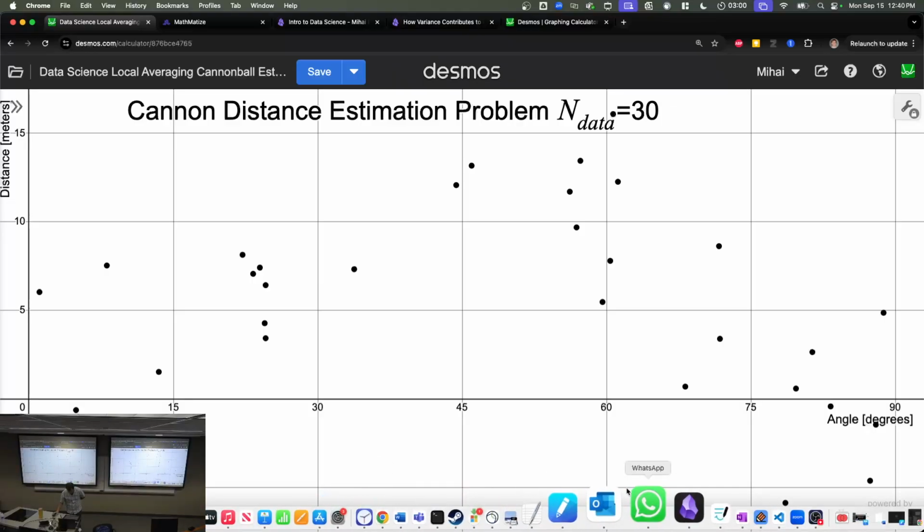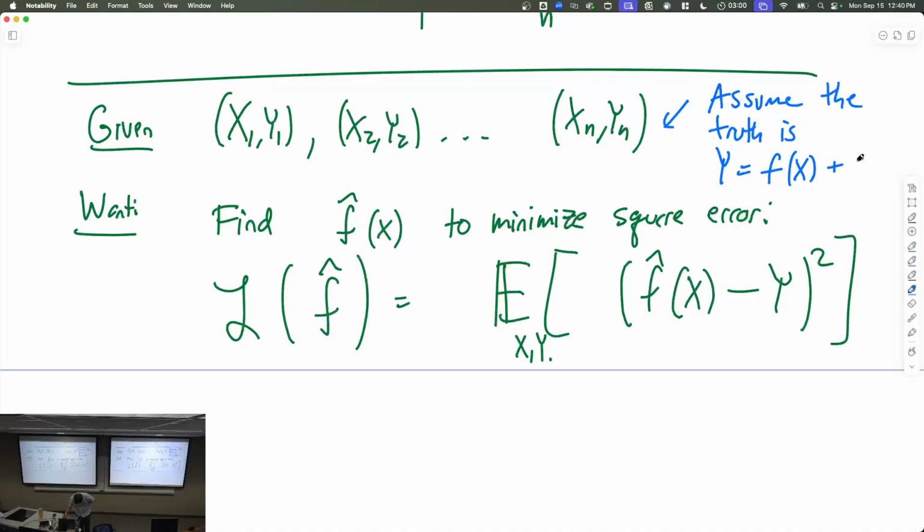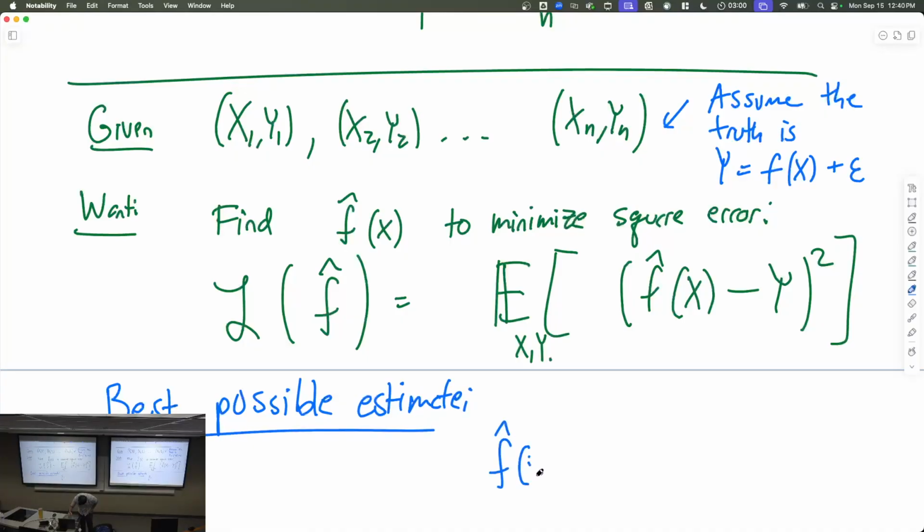The thing I haven't said yet is that we will assume that there is a true answer. So assume the truth is y equals some real f of x plus epsilon, where epsilon is some error that is not depending on x or all the other stuff. And in fact, we know the best possible estimate from our work before: the best possible estimate would be this true thing.